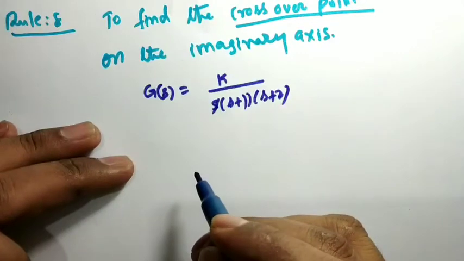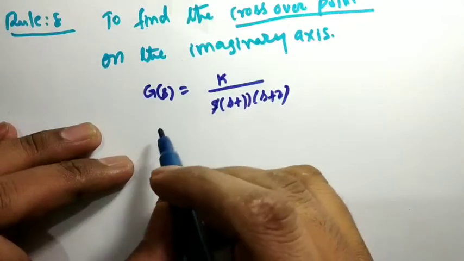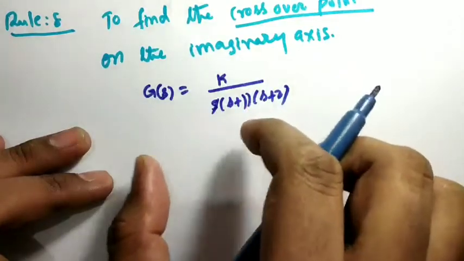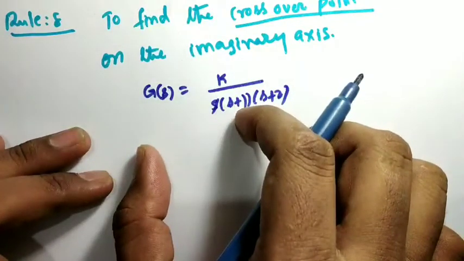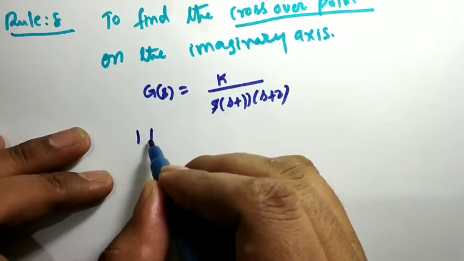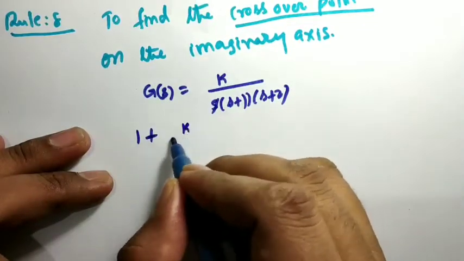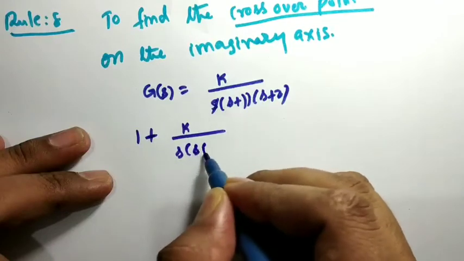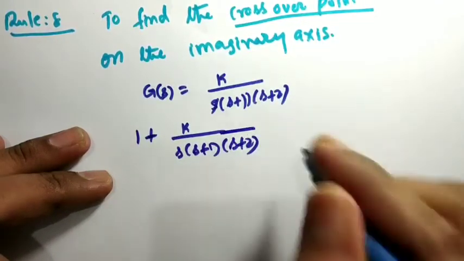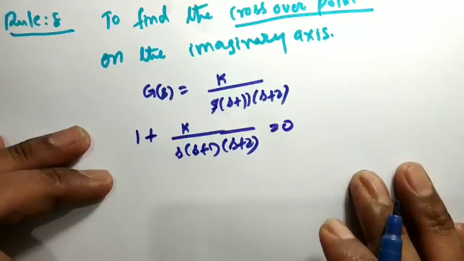So you know this transfer function. What is the unity feedback? So what is the closed loop transfer function? It means here the feedback is unity, so you will get the characteristic equation 1 plus k by s into s plus 1 into s plus 2 is equal to 0, right?